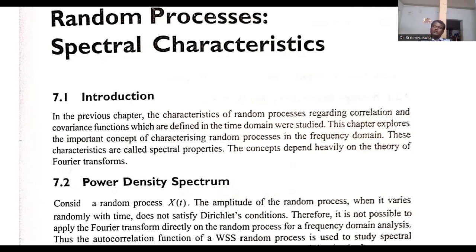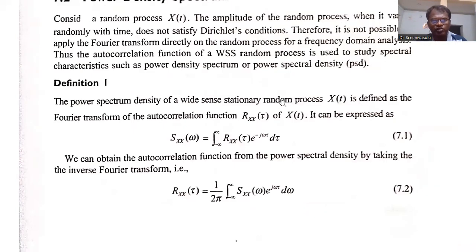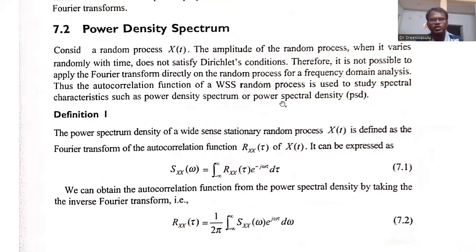That difficulty in analyzing x of t is avoided by analyzing the autocorrelation function Rxx of tau. For the power density spectrum, we apply the Fourier transform to the autocorrelation function.